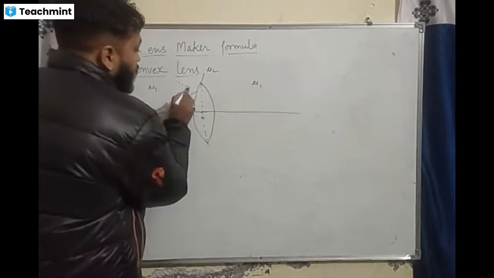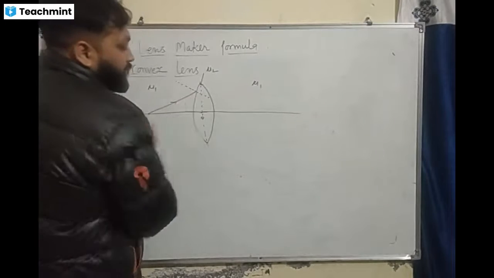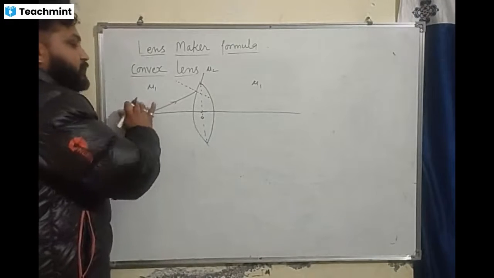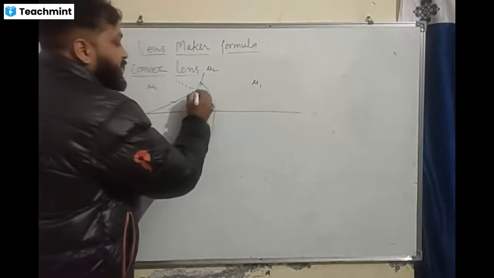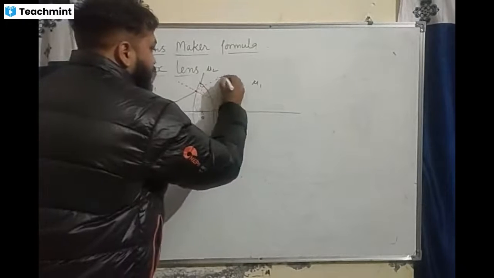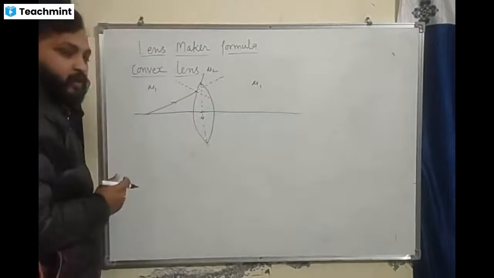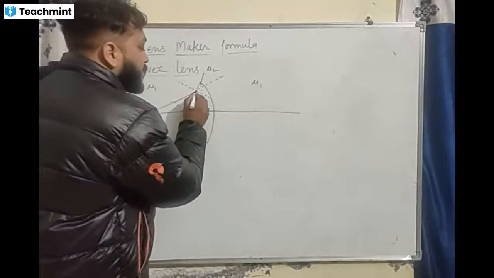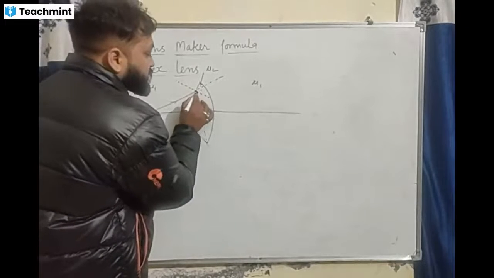If we draw a normal, what will happen? Whenever a ray of light travels from rarer to denser medium, suppose it would go like this if there were no refraction. But there is refraction, so the light ray will bend towards the normal.